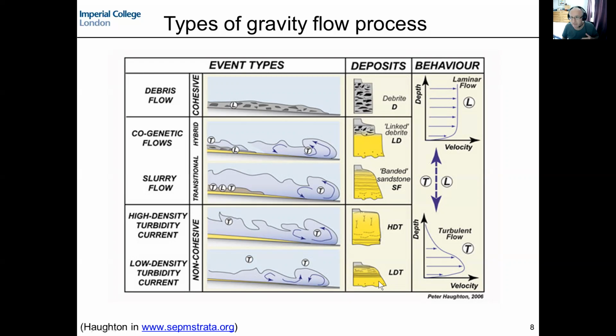And this characteristic set of sedimentary structures, this is what we refer to as the Bouma sequence. So the bottom part of the flow, that's the A division, is structureless. Then the B division is flat laminated, but those flat laminations record a high velocity.